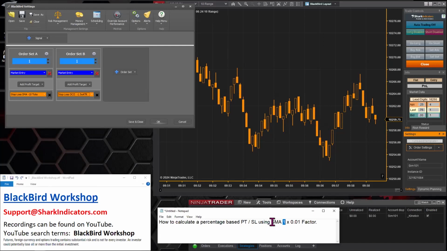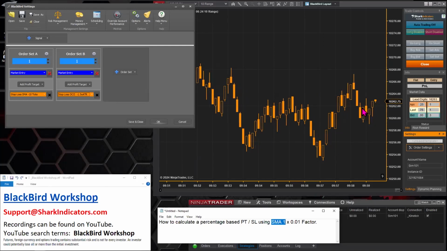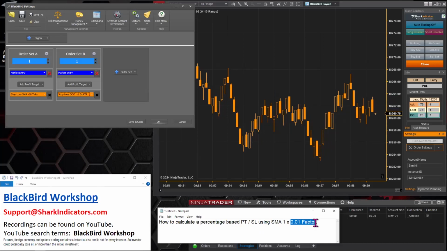So it's just another way of pulling the closing bar price into that offset section, and then you can use the factoring right there.